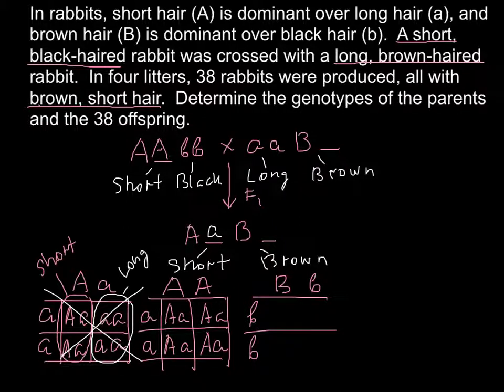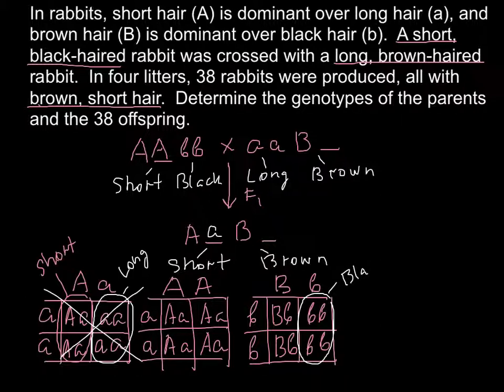If the parent were heterozygous for this trait, once again 50% of such a cross, as you see here, would be black-haired, and 50% would be brown-haired.